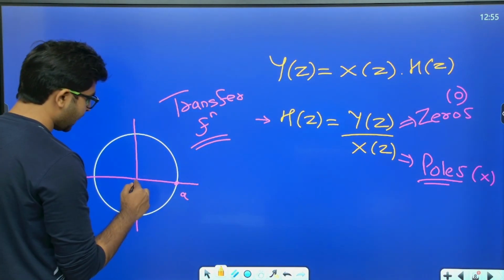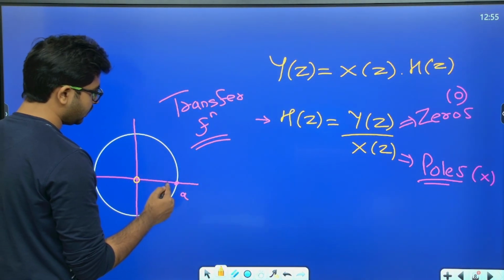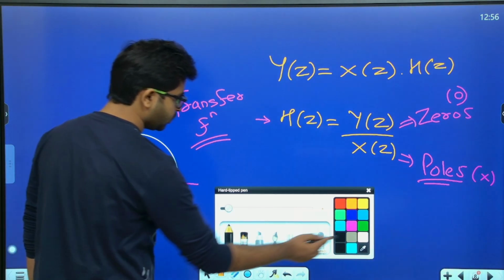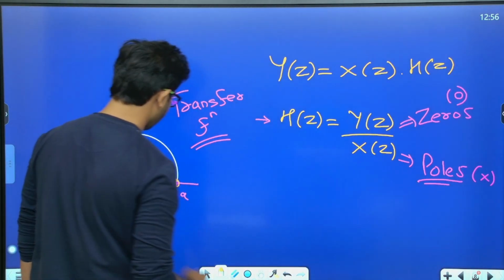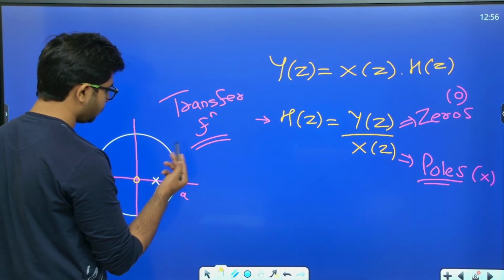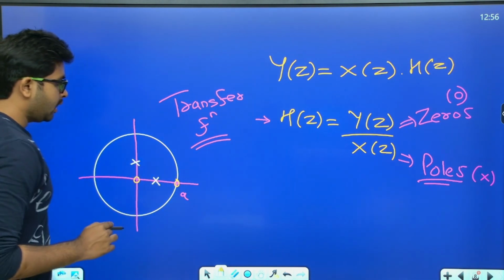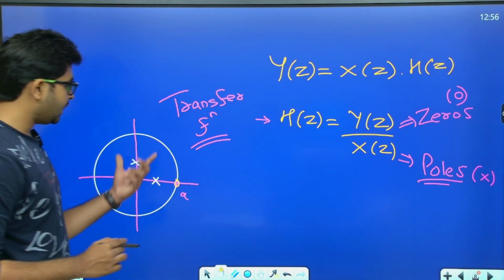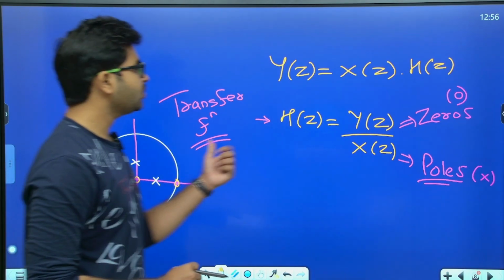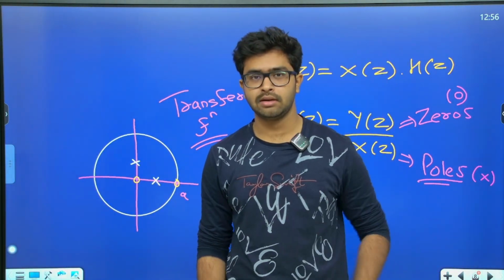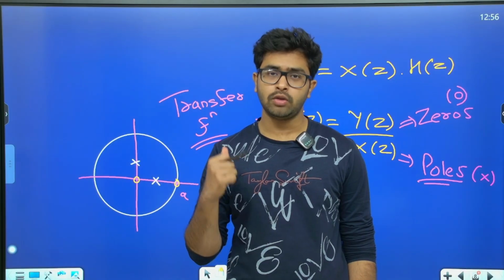Let's say I am having one zero at 0 and one zero at A. Poles, let's say, at some different position, at this position or any other position, with imaginary and real part. If I consider a unit circle, these things will become clearer once we start to discuss the example on the poles and zeros.